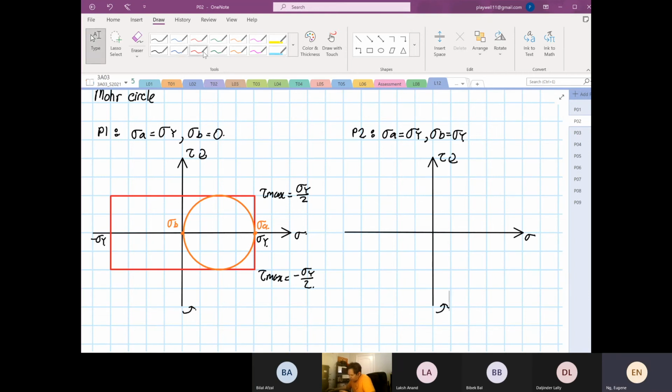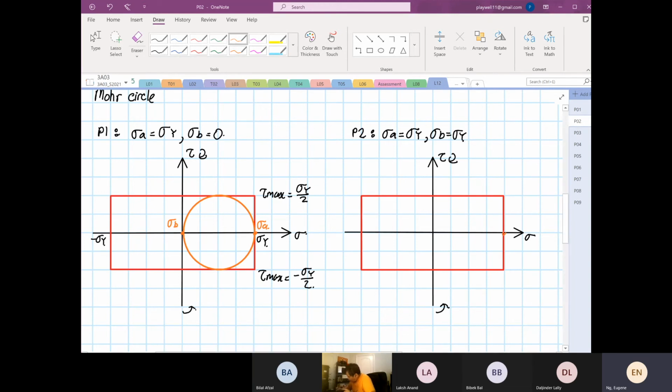Then I'm going to sketch our operating boundary. So for this case, stress A and stress B are at the same point. So for this case, you will not get a circle.